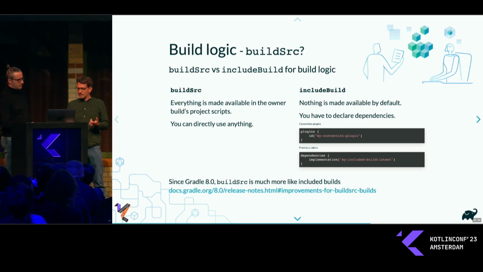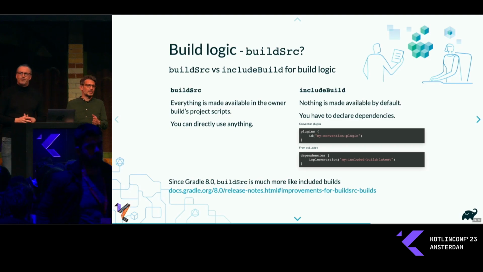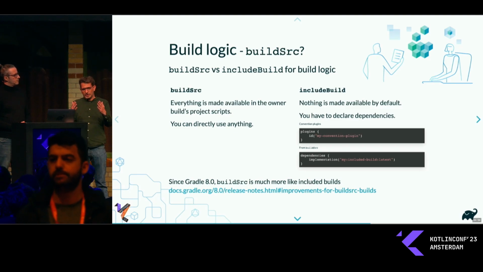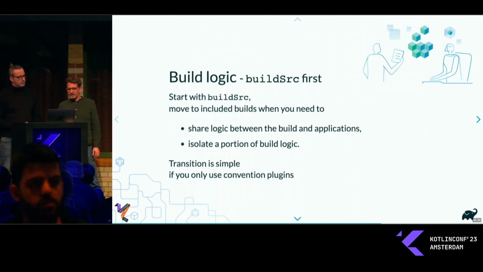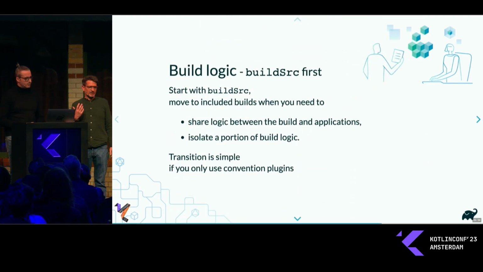Since Gradle 8, there have been improvements in BuildSrc that make it much more like included builds, because BuildSrc predates included builds in Gradle, and now we are finally converging. So our recommendation will be to start with BuildSrc. It's the easiest to set up, and move to included build when you need to.